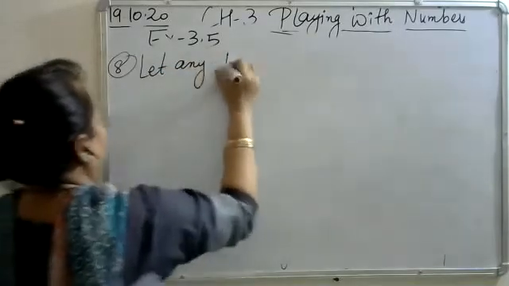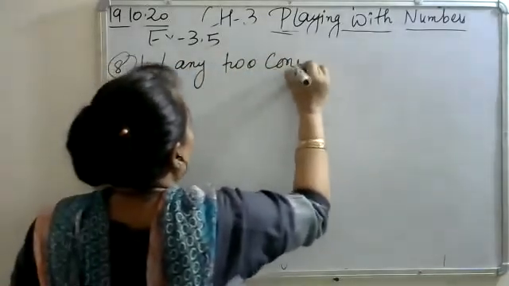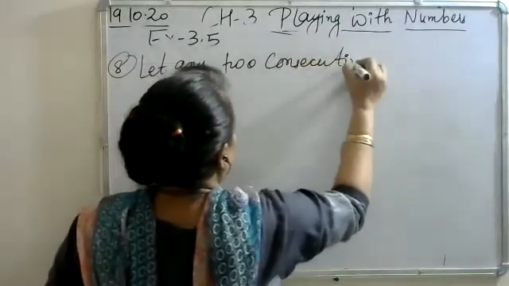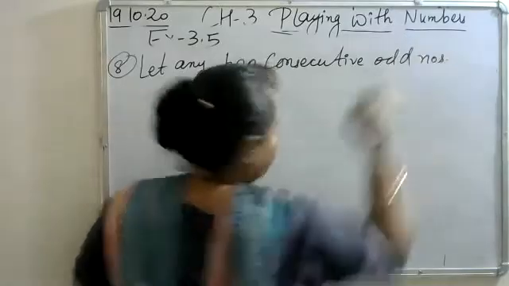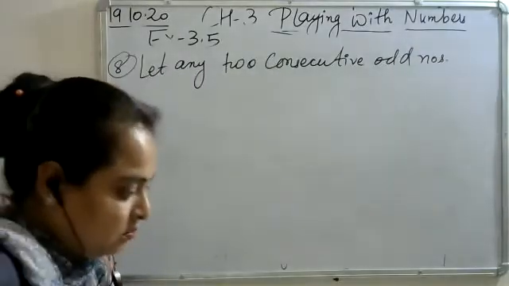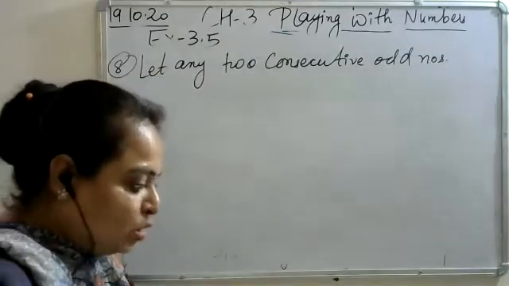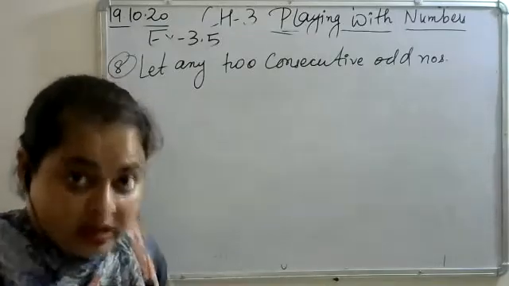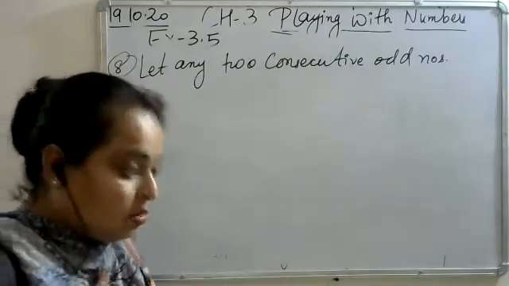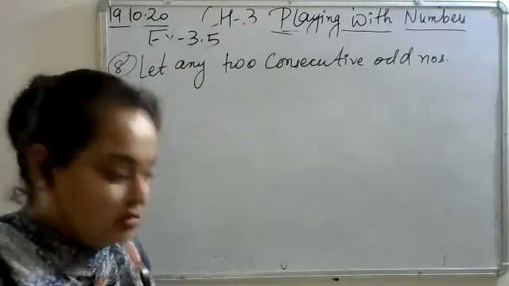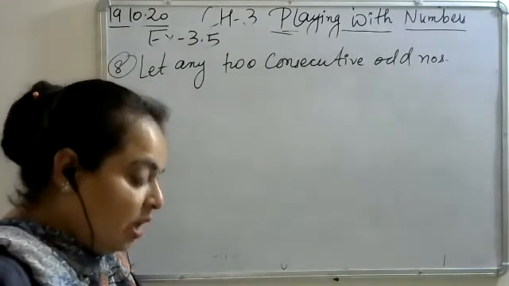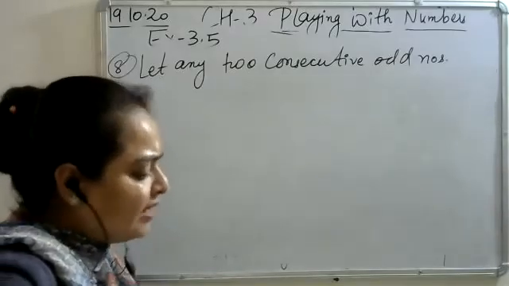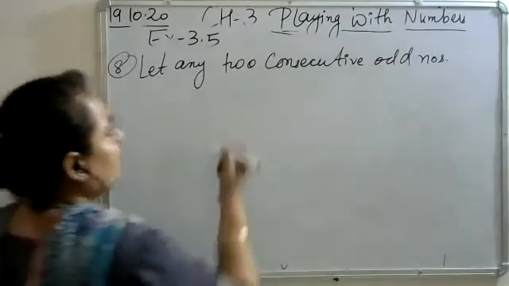Let any 2 consecutive odd numbers. Mitul, 2 is an even number, not odd. Ananya, yes, very good. 1 and 3, yes.